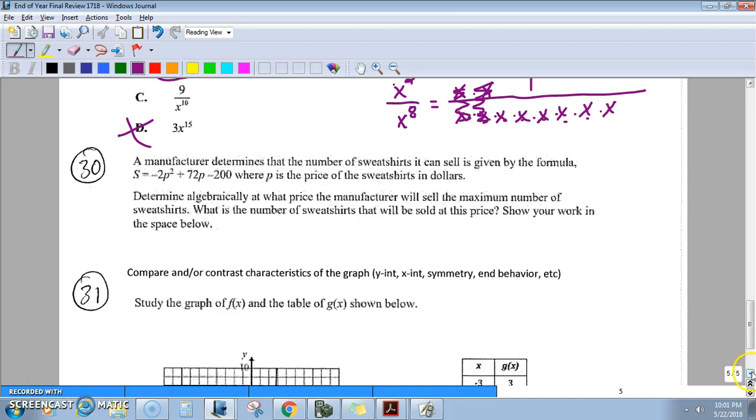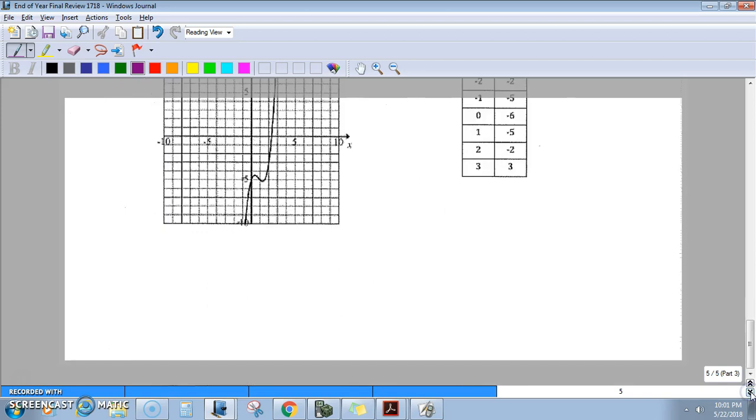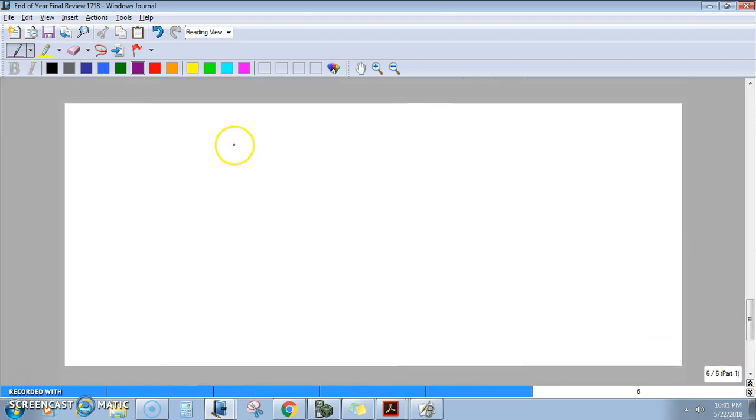So what's cool about this, you guys, is if we just complete the square for this, that means we're going to have the vertex.